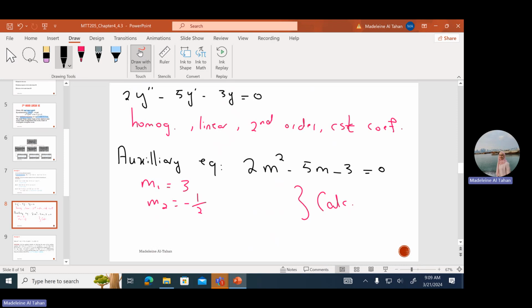What will be the solution now? y equals c1 e power 3x plus c2 e power m2x. Is it okay?